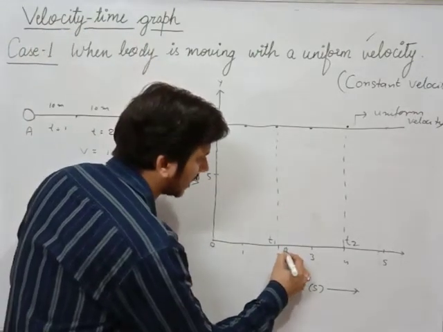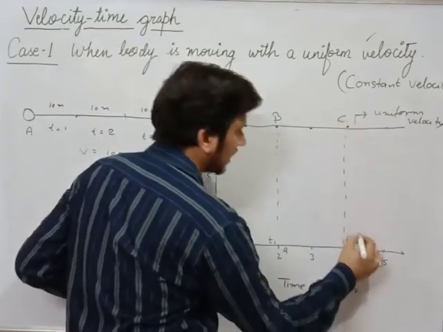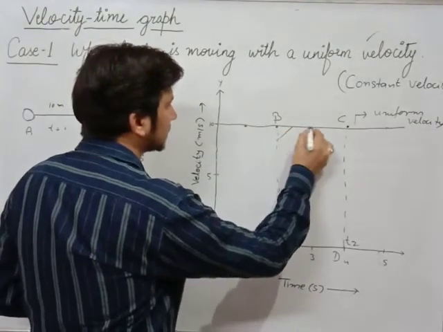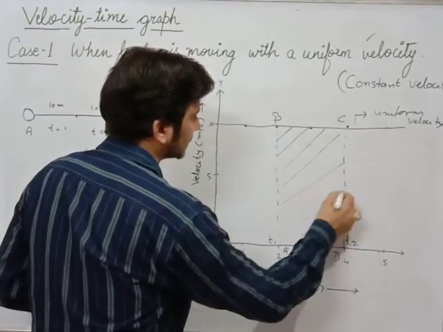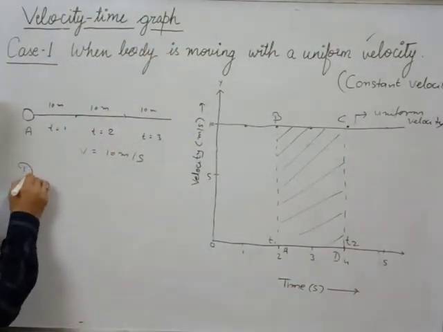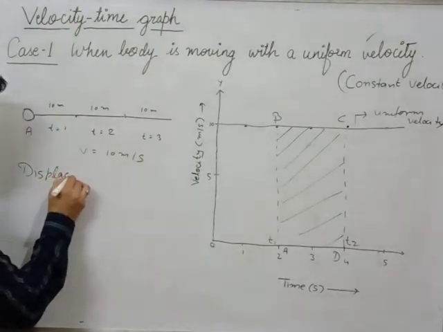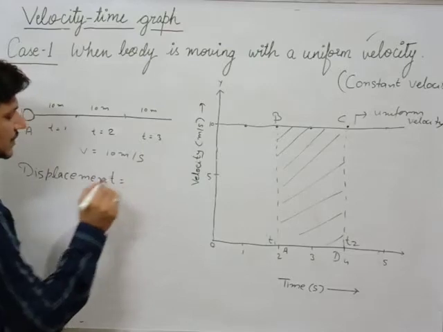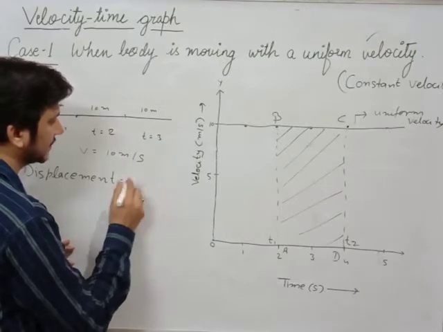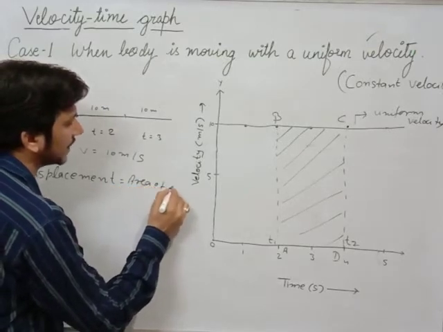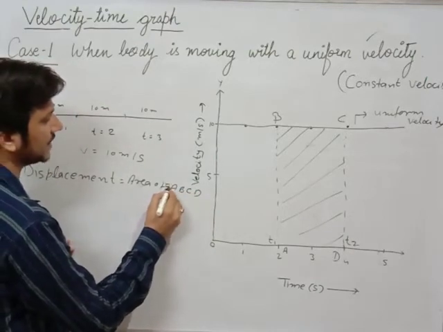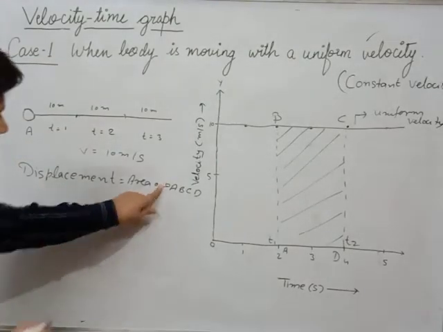Suppose these points are A, B, C and D. So displacement equals the area of rectangle ABCD.